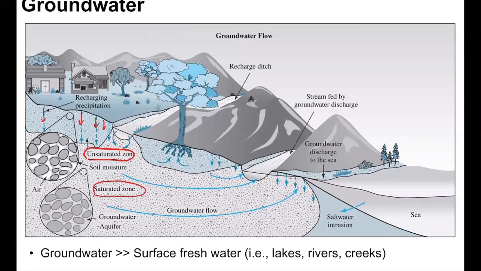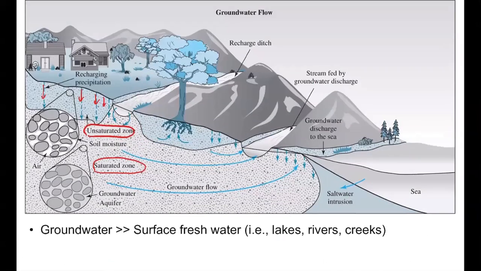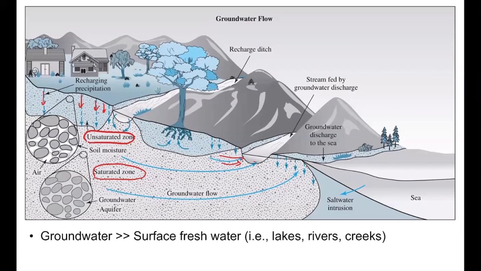So there can be no more water in the soil here, because the soil is at higher altitude, right? If you further go down to lower altitudes, then you have this water actually flow from out of the soil into the lakes, right? So it's basically a stream that's formed by the groundwater discharge, right?